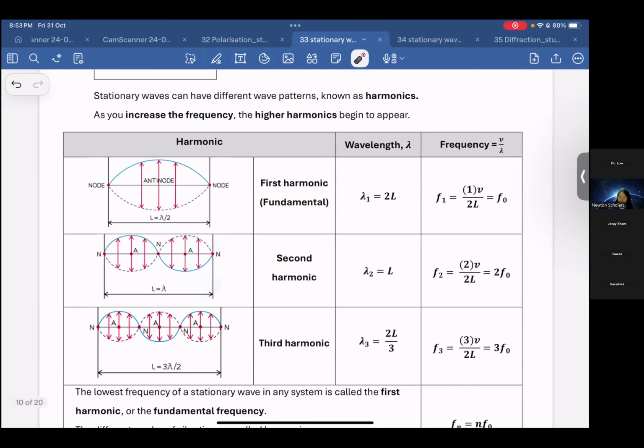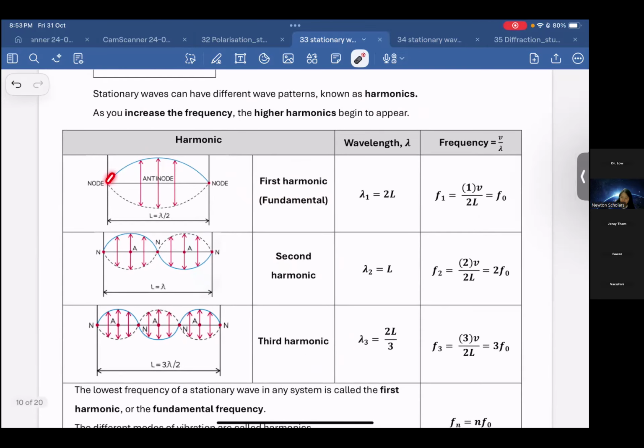So you look at the first case at here. This one is how many wavelengths? What do you think? Is it one wavelength? This length equals how many wavelengths? Yes, Kai Chen, correct. Half of the wavelength, am I right? So you look at here, dear. This is half. If you want one complete, actually it's like this.